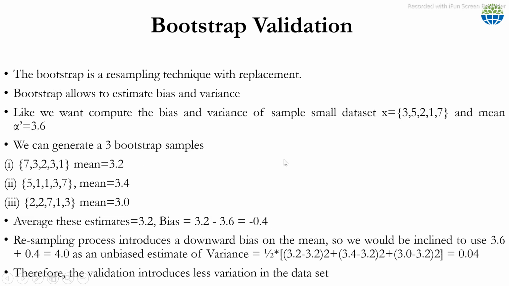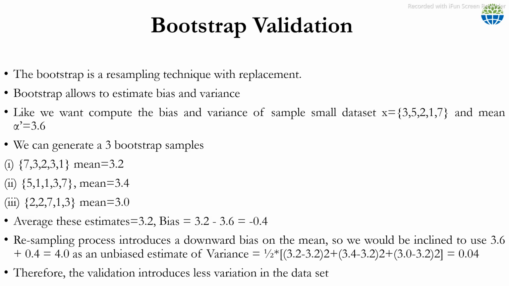So in resampling there is a downward bias in the mean, so we include this minus 0.4. This 0.4 is the bias, but the variance is 0.04, so this is acceptable.